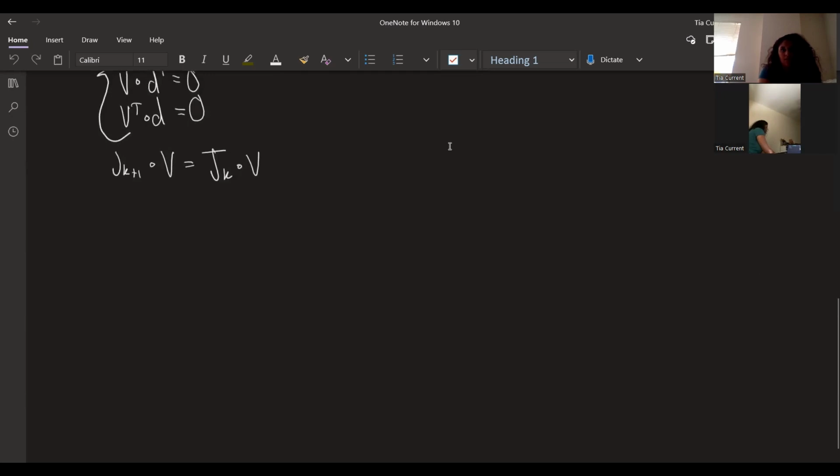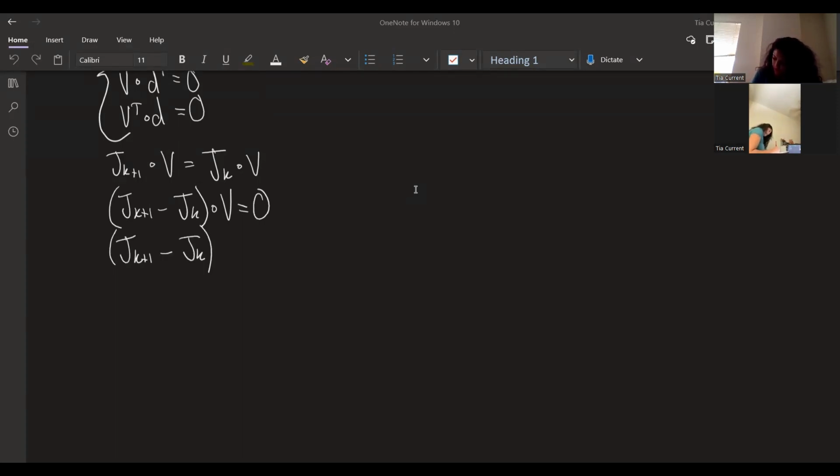And then also a little bit of a workaround, and you get that jk plus 1 minus jk dot v is equal to 0. And then also with this, since we had our one variable d earlier, it's actually jk plus 1 minus jk dot d is equal to fk plus 1.